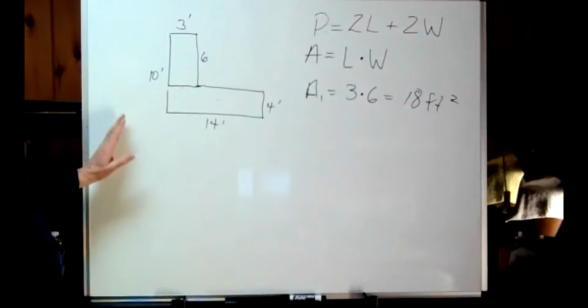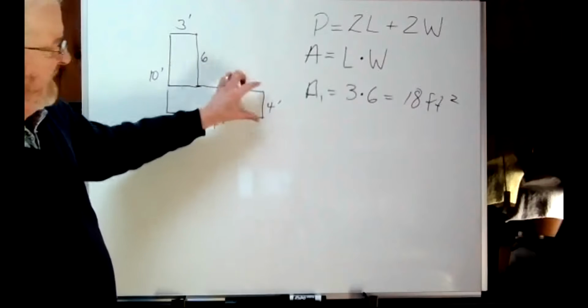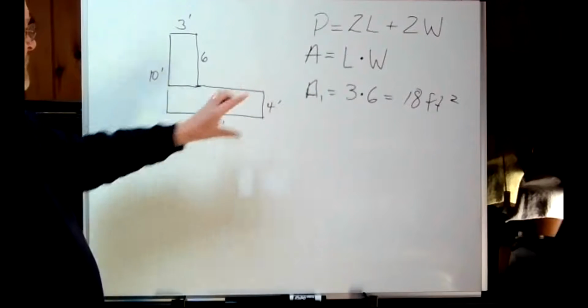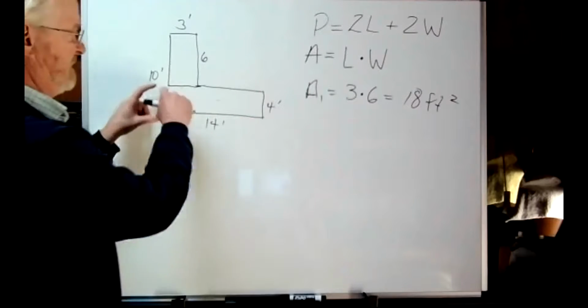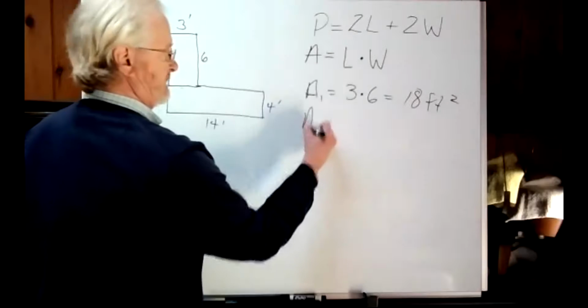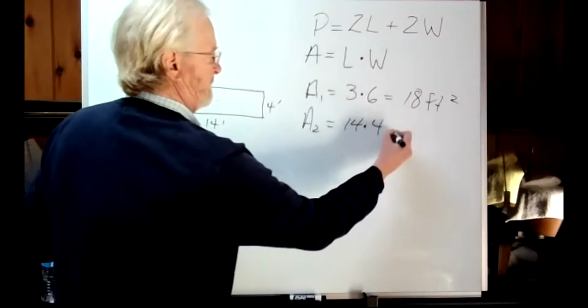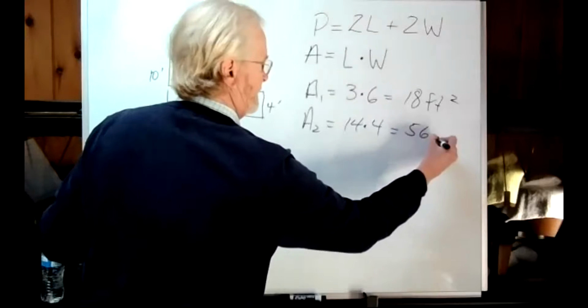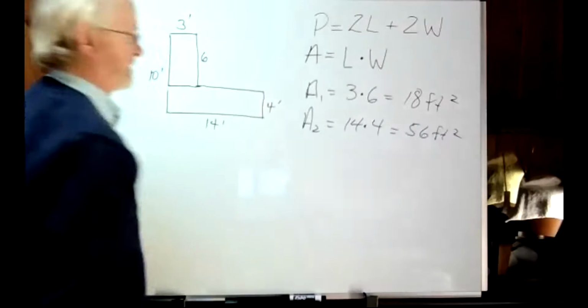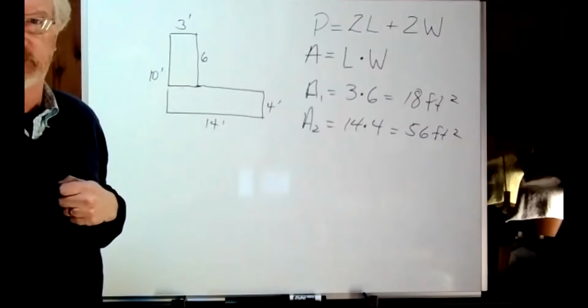Now this one, I had the full 14, and I was told that 4, but it could have been something else. So this part of it is 14 times 4, 56, for the longer little piece on the bottom.